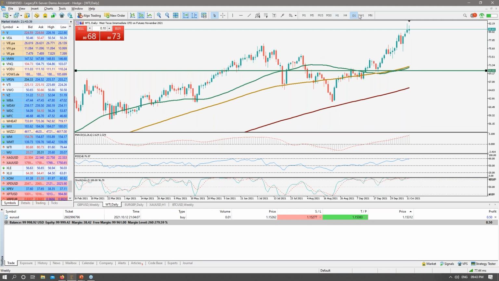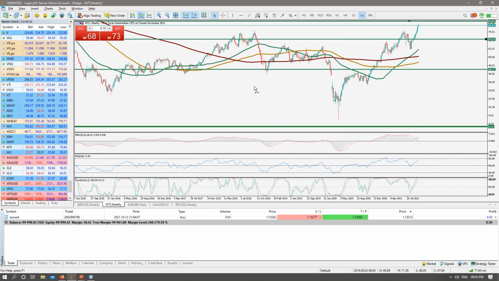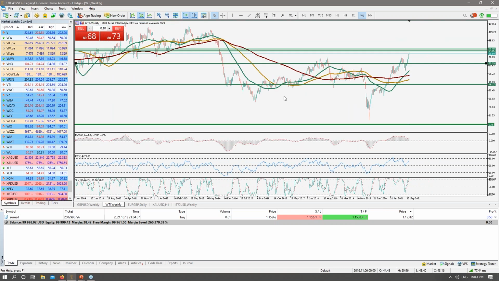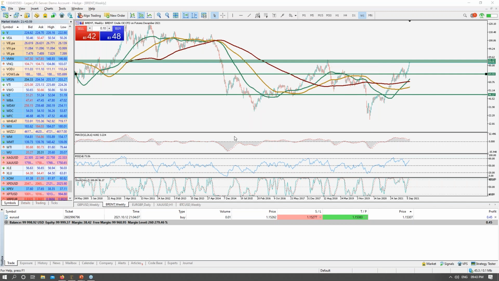Well, you're basically at the level, right? Look, if we look at a week and we zoom out a little bit, market price, you're basically pushing against this level of 84. If it's Brent instead, Brent is currently at the previous high of, what is that, 2018.